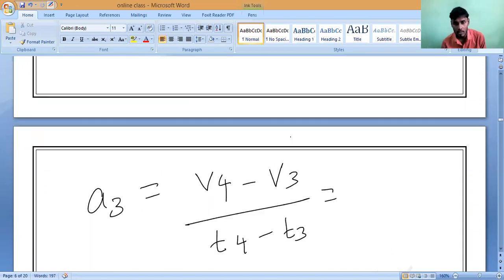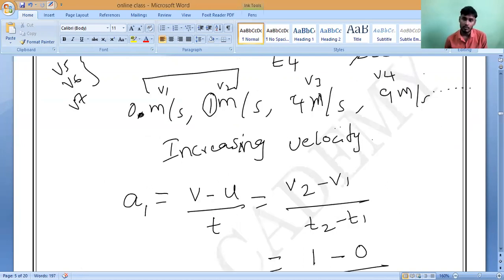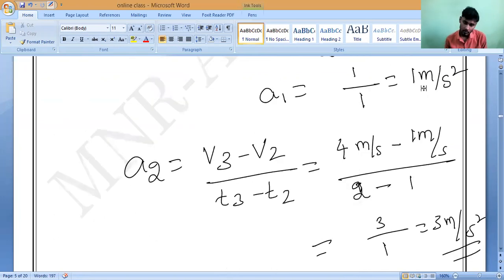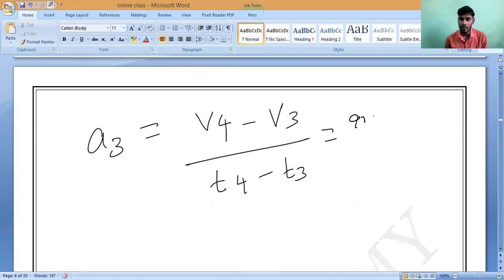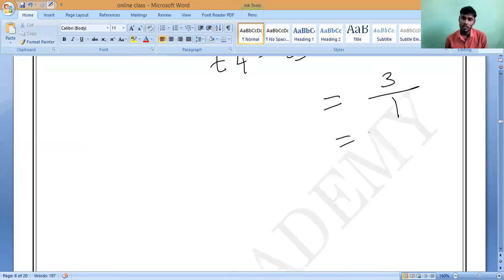V4 equals how much? 9 meter per second, minus V3 equals 4 meter per second, divided by T4 minus T3, which equals 4 minus 3, 1 second. So 9 minus 4, how much?